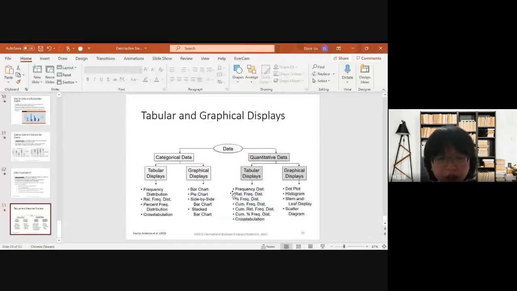I will continue to section two, because section two is what we will learn today, the topic today.